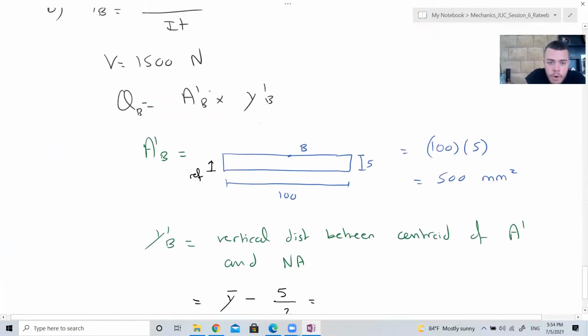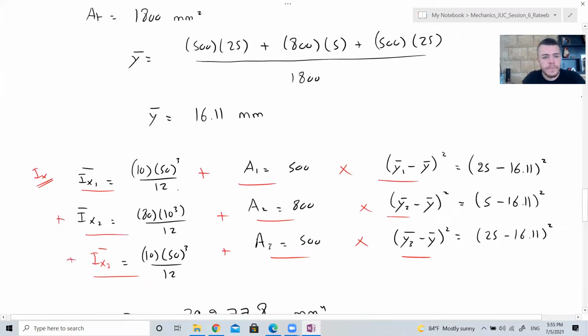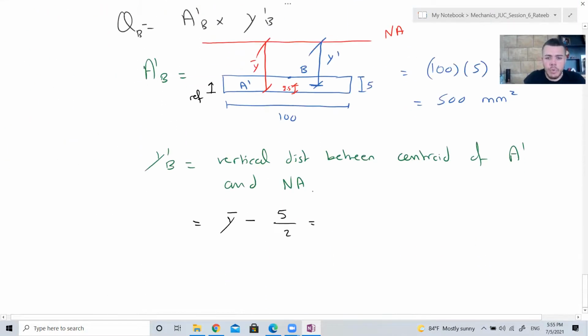If you look here, this is the neutral axis. This distance from the centroid of area prime to the neutral axis is your y prime. It's going to be y bar, which is this, minus this, which is 2.5. How much is y bar? 16.11. So 16.11 minus 2.5 is your y prime at B. Is this clear?